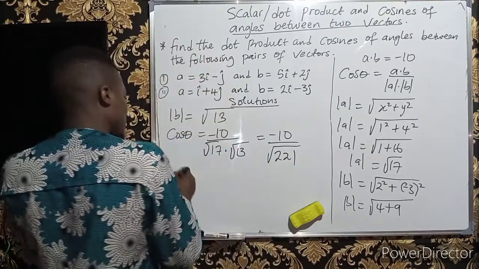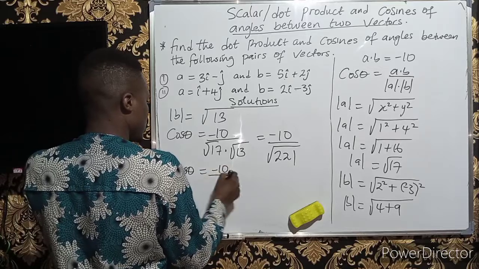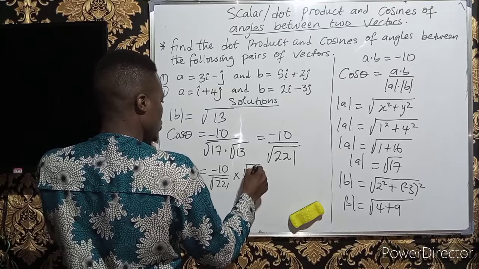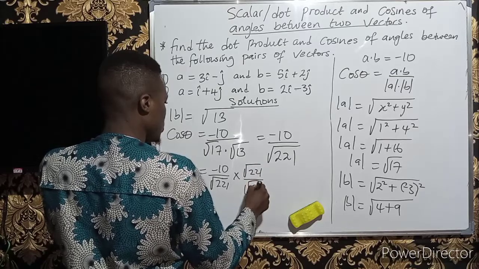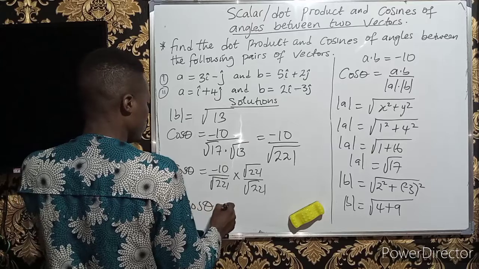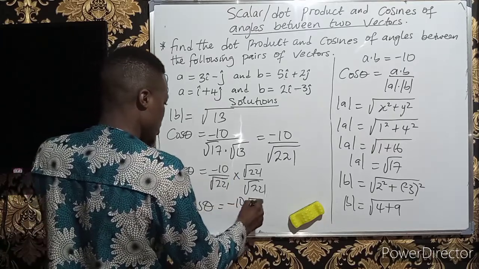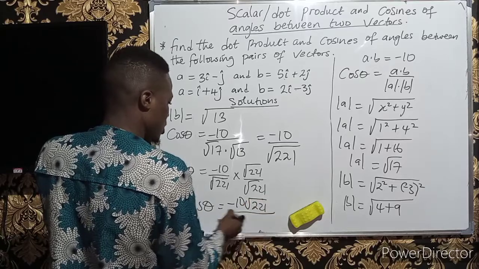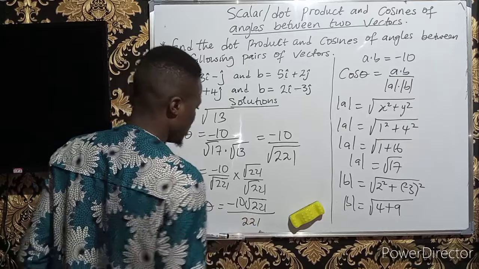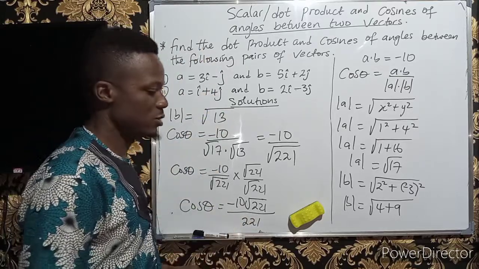I can rationalize this. Hence, I shall have that cos theta equals minus 10 over root 221 times root 221 over root 221. So finally, cos theta equals minus 10 times root 221, which is minus 10 root 221, all over root 221 times root 221, which is just 221. So this is just the cosine of the angle between the two vectors.